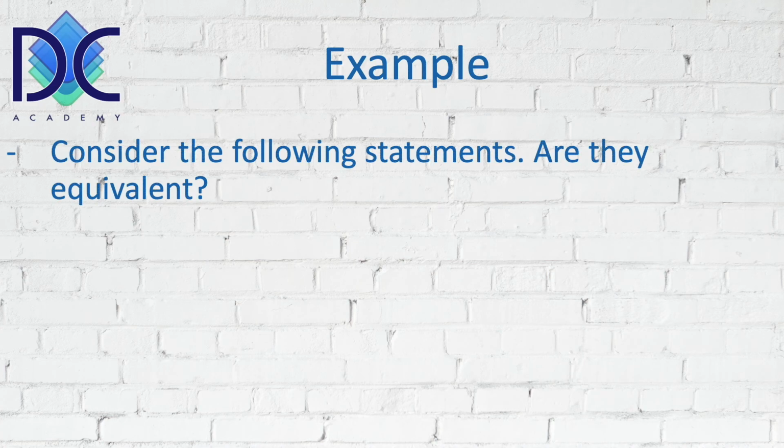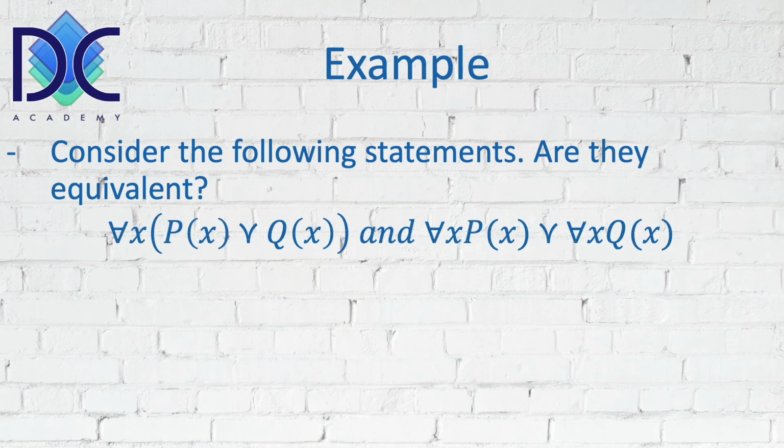Let's have a look at an example. We have the following statements, and we have to find if they are equivalent or not. We have for all x, p of x or q of x is true, and we have for all x, p of x, or for all x, q of x. If they both have the same truth values, then we can say that they are equivalent.